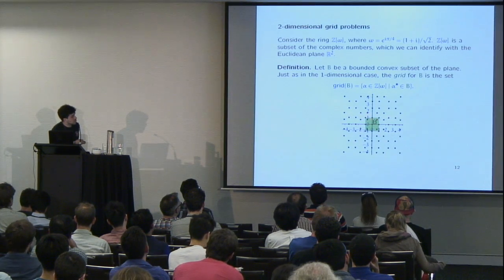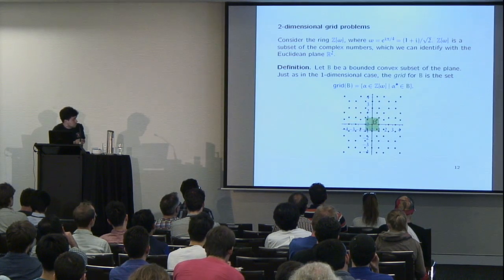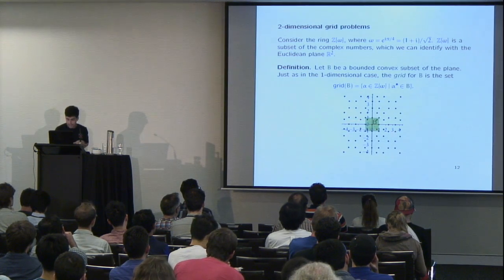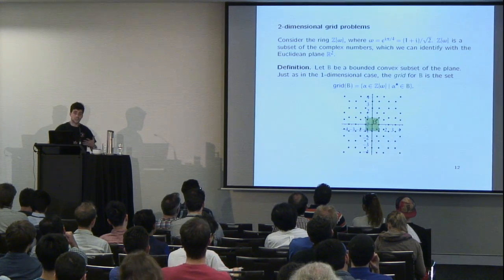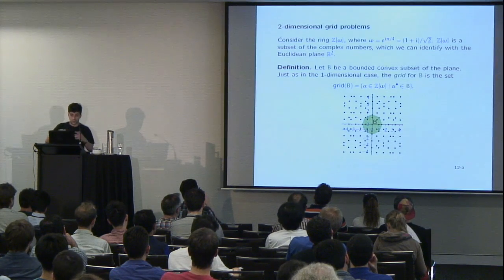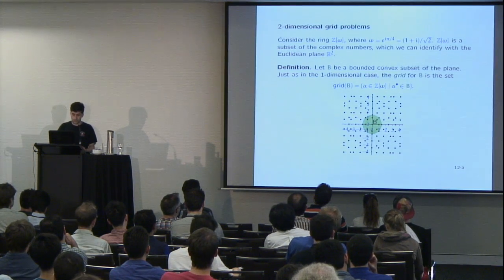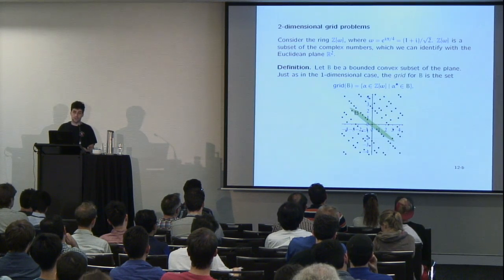For example, if your set B is this square, you get the following grid. If you change the convex set, it changes the geometry of the grid. Here's the grid for a circle. And if you were to consider an even more arbitrary convex set, like an ellipse, you get the following grid.